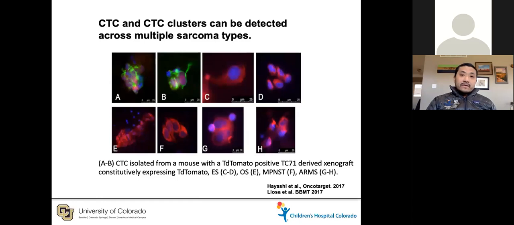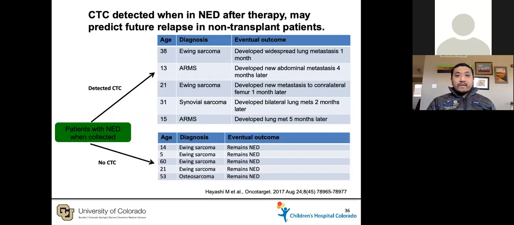And these CTC and CTC clusters of sarcomas can be detected across multiple sarcoma types. We've shown in a few papers that it can be found in osteosarcomas, Ewing sarcomas, MPNSTs, alveolar rhabdomyosarcomas, and in a controlled setting we can often use this to predict future relapse.